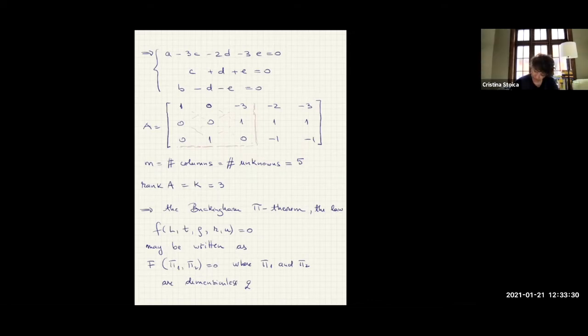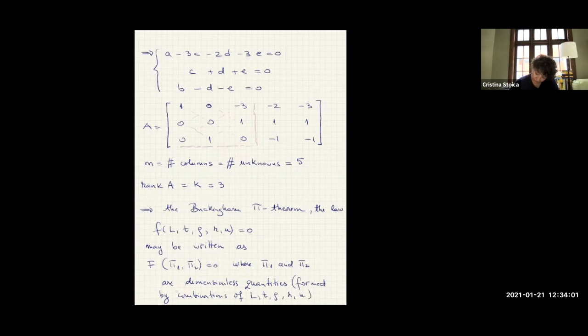I was right. Good for me. Okay, so they are dimensionless quantities, like scalars, formed by combinations of L, T, rho, R, and U.